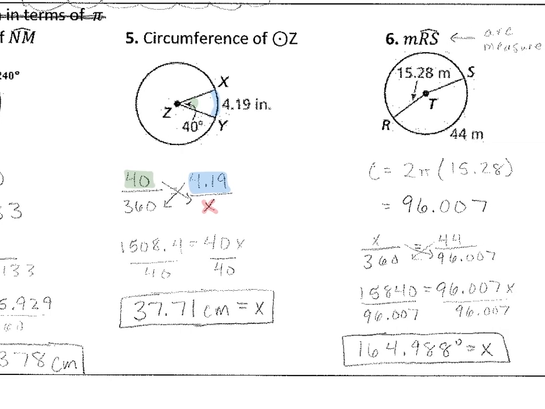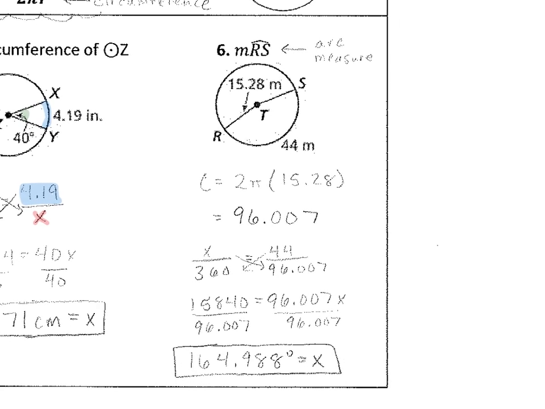In fact, number 6 asks you for the arc measure. Do you see how there's this little bitty M in front of arc? That's asking you for the degree measure or the arc measure of that arc. So if I see what I have, I know that I need to find the circumference because we use that in the formula. So I have C equal to something, and that something goes in the bottom of my proportion.